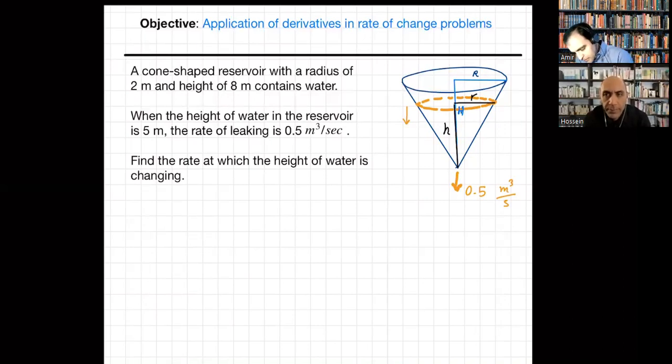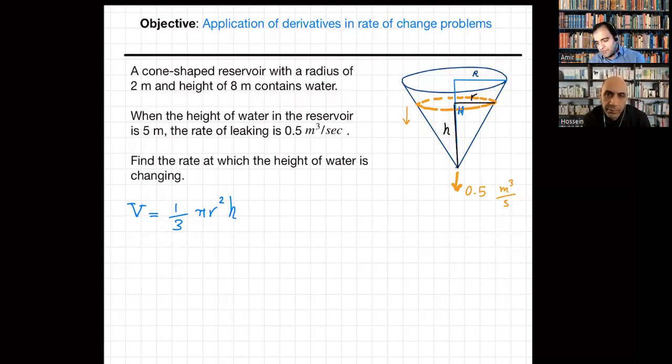Therefore, the volume of water is 1/3 of the area of the base of the cone, which is here, pi r squared, pi lowercase r squared, times the height of the water, small h.